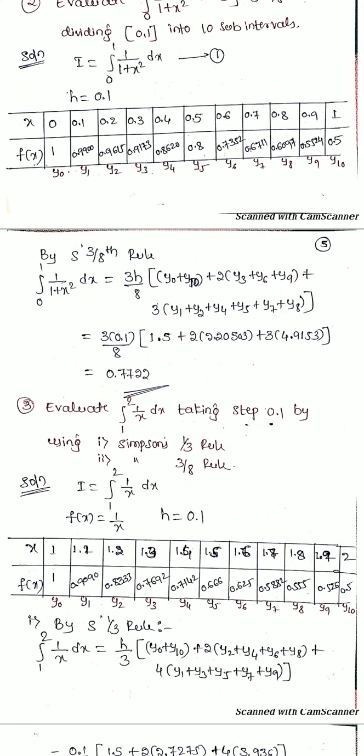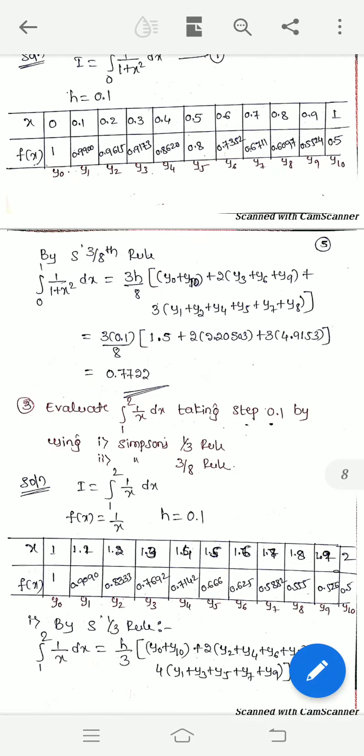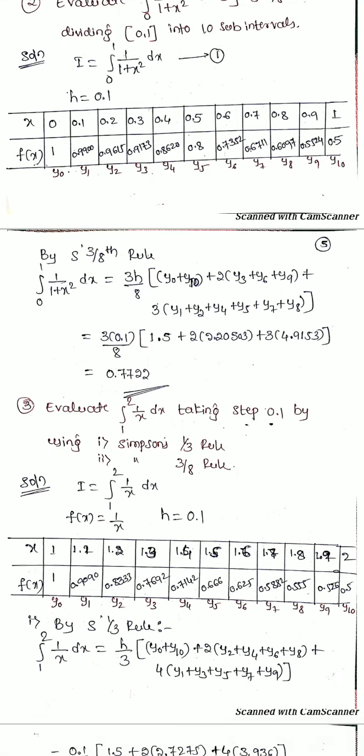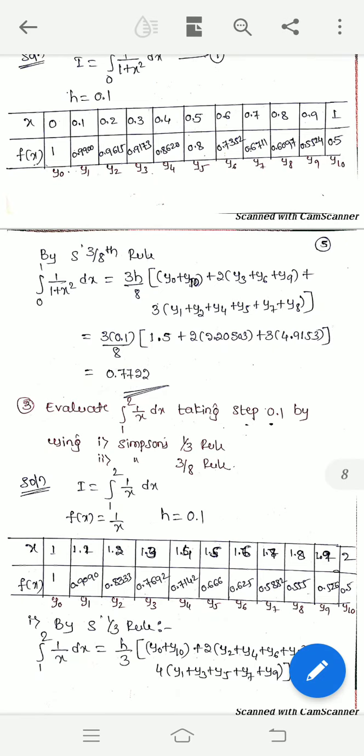After constructing this table, we use the formula, Simpson's 3/8 rule: the integration from 0 to 1 of 1 divided by 1 plus x square dx is equal to 3h by 8 into y naught plus yn, first term plus last term.